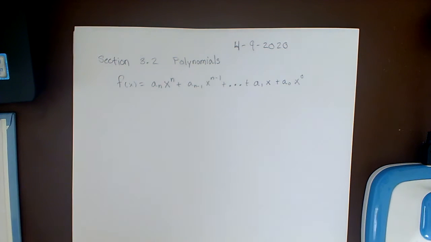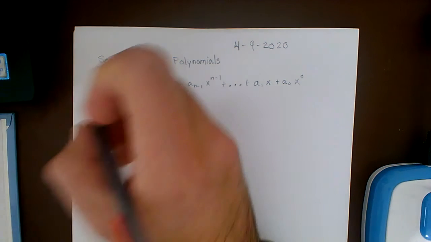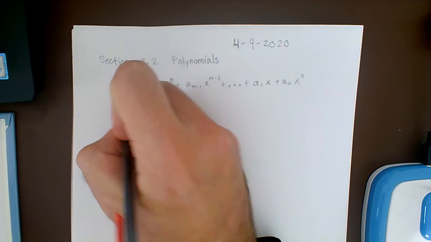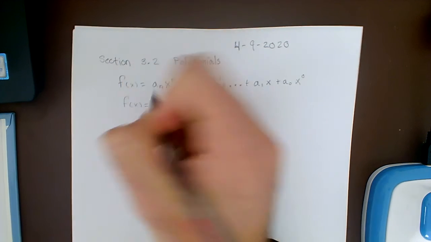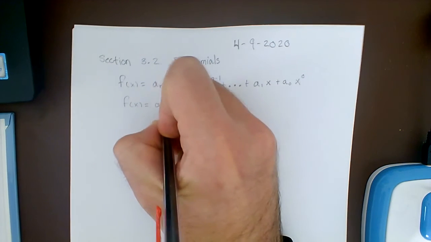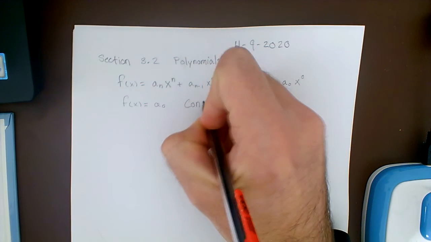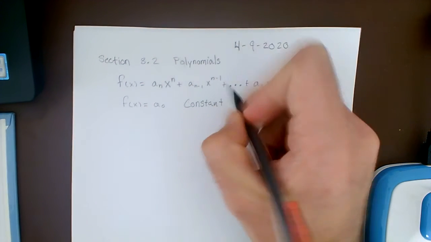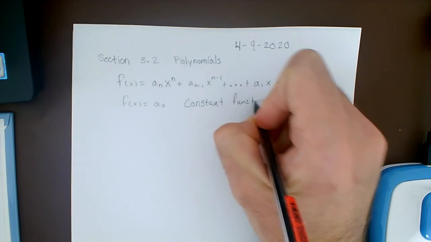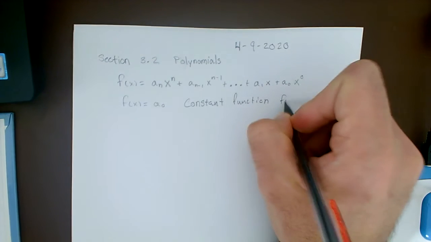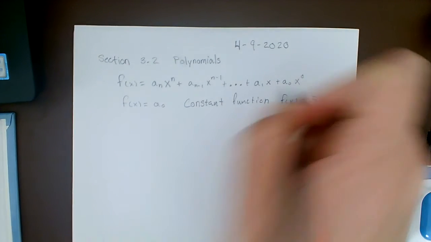Alright, so here are some examples. We've already talked about f of x equals a0. So that's a constant function, like f of x equals 3.